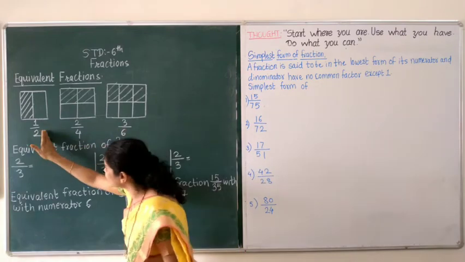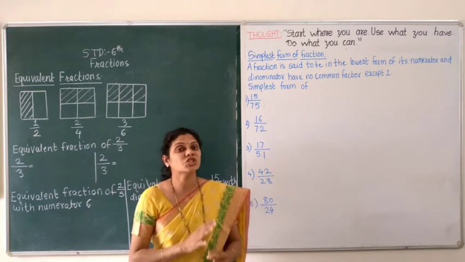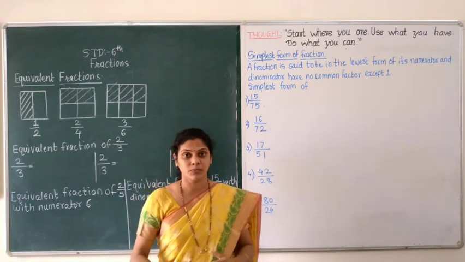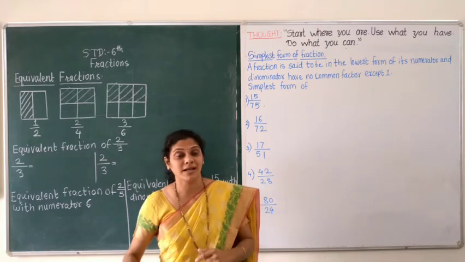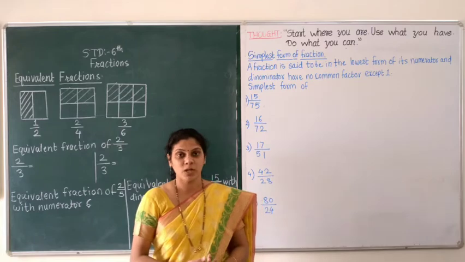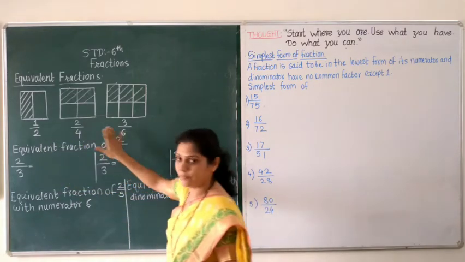That means you can see in each diagram, half square is shaded, but the fraction number is different. That means they have equal value, but the representation in numbers is different. So we can say that the fractions are equivalent.